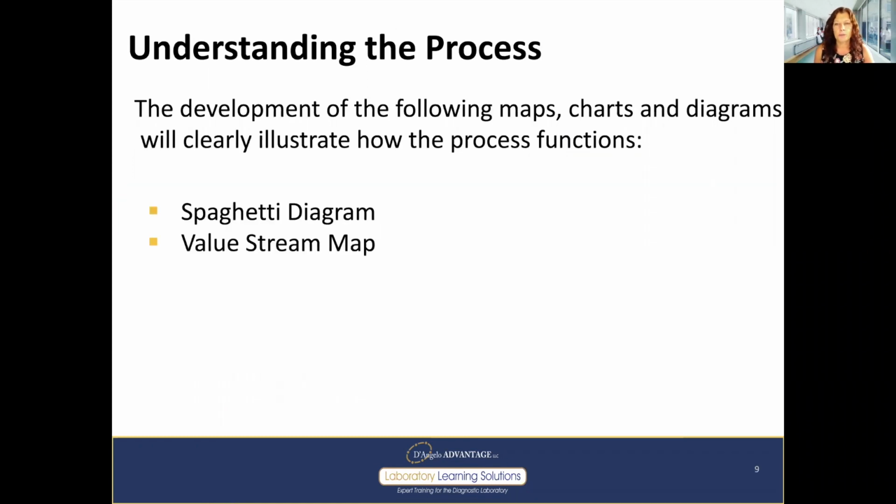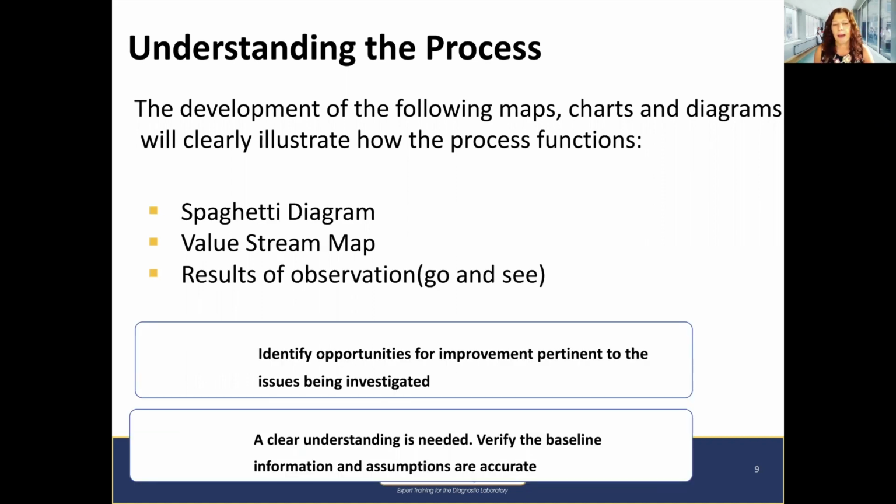We can also use maps and charts and diagrams such as spaghetti maps and value stream maps and the results of the observation. Now, whether we do the spaghetti diagrams and the value stream maps in advance, or if you actually perform them in the Kaizen event, they're very helpful because as a team, we can see where all the problems exist, where the problems start, where the problems end, each one of the handoffs, how long each one of these processes take, and then we can verify that all of these different issues need to be worked on or need to be resolved.